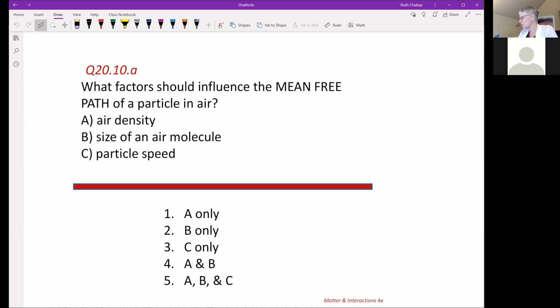Okay, so most of you are guessing that it depends on everything. So let's think about this. The density makes sense because the more particles we have here, the more likely our particle is to hit one of them when it's trying to go somewhere.